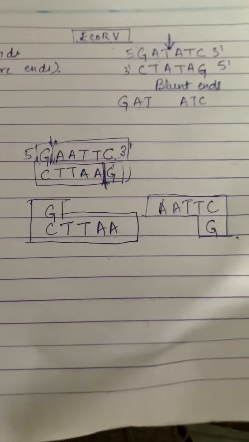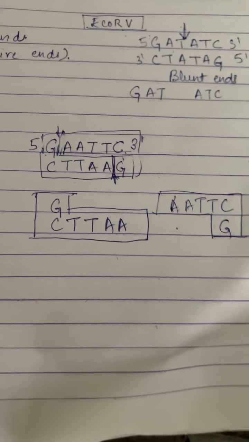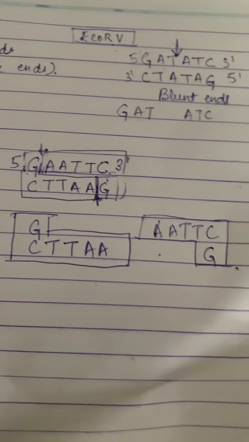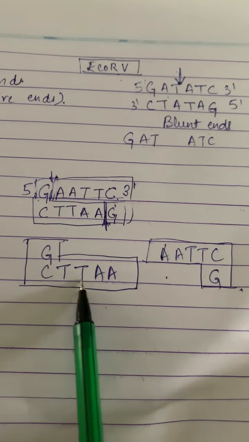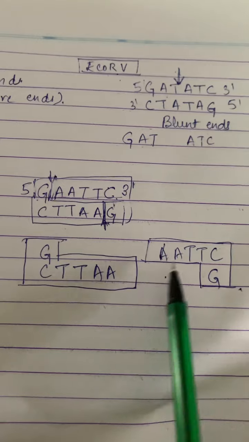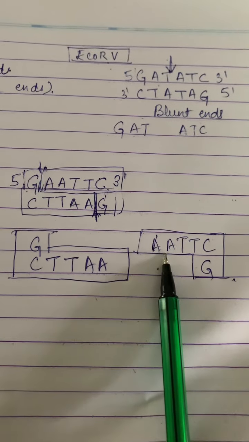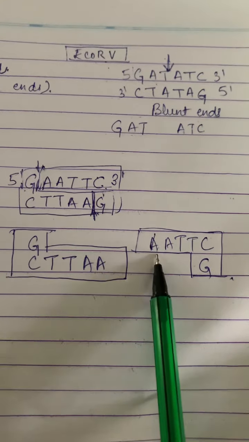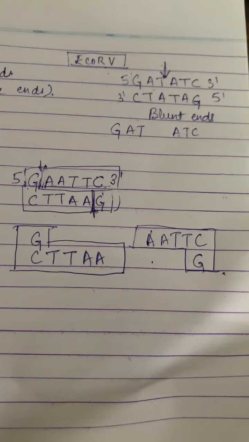Now your question should be why they are called sticky ends. They are called sticky ends because of base pairing between them, as this TT is complementary to this and AA is complementary to this. As these sequences are complementary to each other, because of this base pairing they can stick the DNA molecule again. Clear?